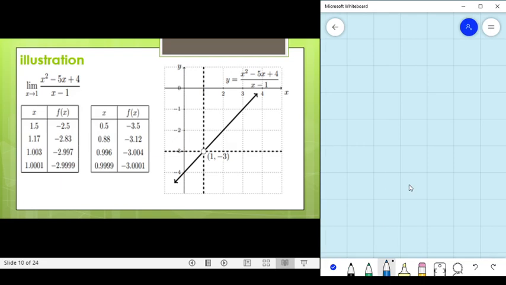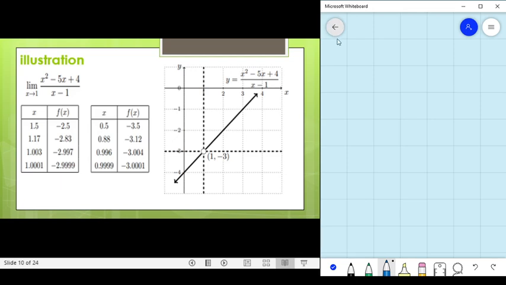So notice that since 1 is not in the domain, that means in the graph, this becomes hollow.